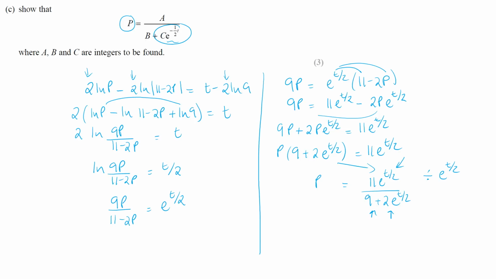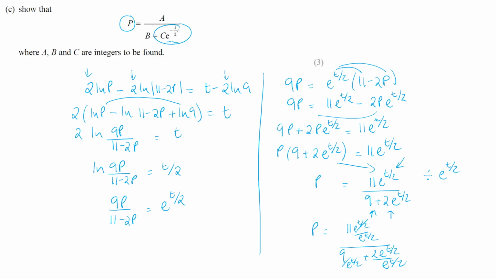You're doing the same to the top and the bottom, so you're keeping the value of the fraction the same, but p will be 11 e to the t over 2 divided by e to the t over 2, over 9 divided by e to the t over 2 plus 2 e to the t over 2 over e to the t over 2.